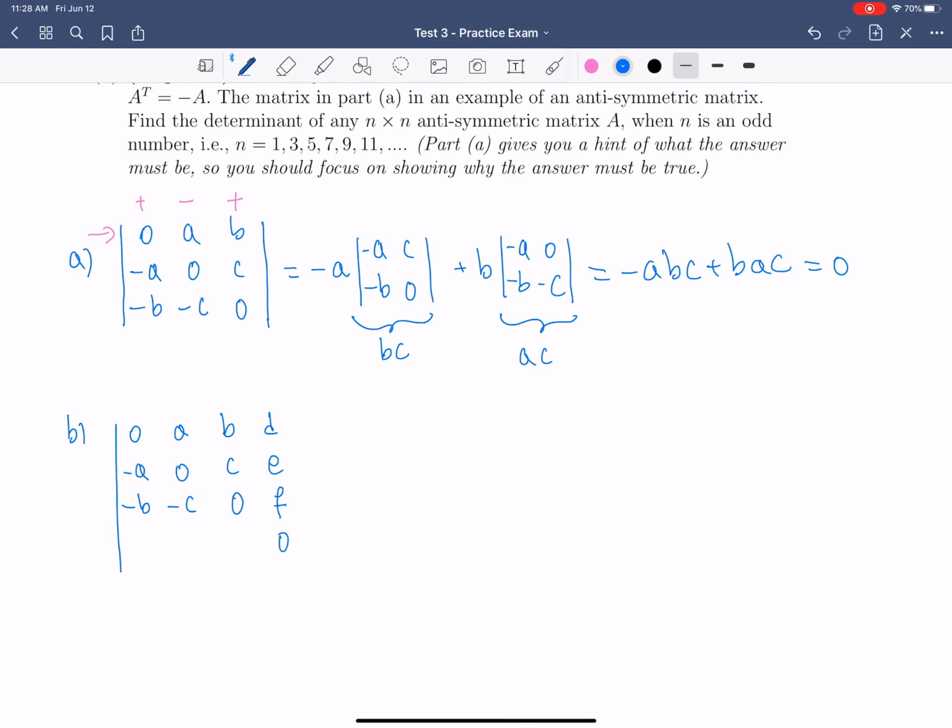Right, so then here we would have negative D, negative E, negative F. And then we would have A, B, C, D, E, F, G, H, I, K, 0. I'm adding too many, don't I? G, H, I, K.